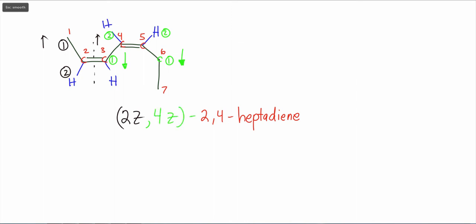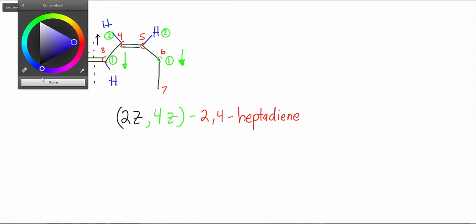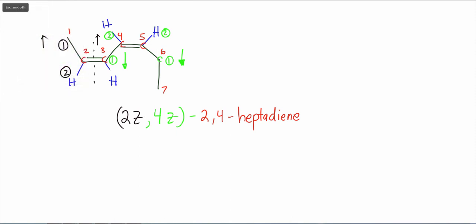4Z. So the correct name for this is 2Z, 4Z, 2,4-heptadiene. And for those who are wondering, I can name this hepta, guess what, dash 2, 4 diene.